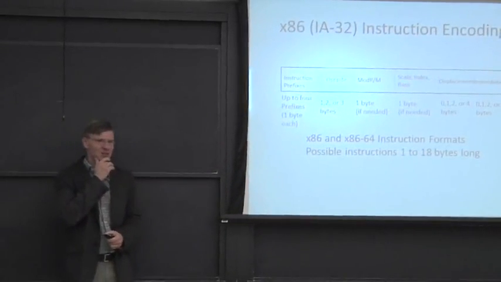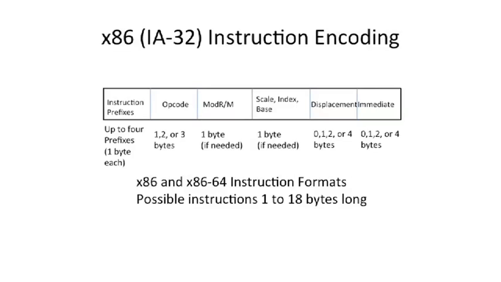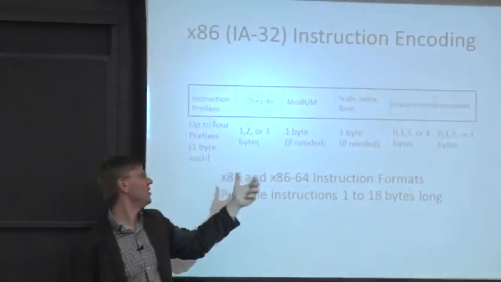So just to show here something complex of how you can end up with 1 to 18 bytes. Here we have x86's instruction set, and fundamentally you need an opcode, a byte worth of opcode. But some instructions might have between 1 and 3 bytes here.